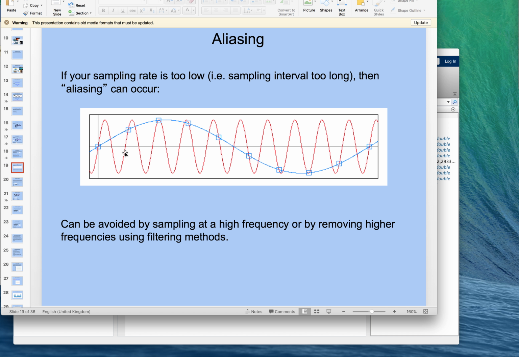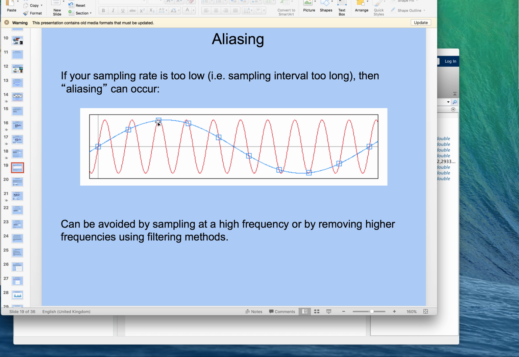So it's a bit like trying to record tidal elevation over longer than a tidal period. So every 13 hours, say, if you record the tidal elevation, then you're not going to get the semi-diurnal tidal signal, are you?